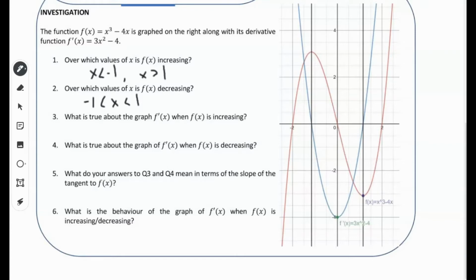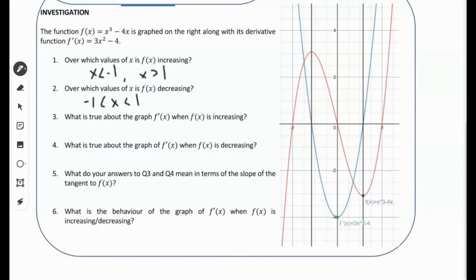Now let's look at the graph of the derivative when f of x is increasing. So right here, when this is increasing, all the way up to this point, -1, there's the derivative. Now it looks like the derivative is decreasing, but we'll talk about that in another lesson. But for now, you can see that it's always a positive value. It's above the x-axis.